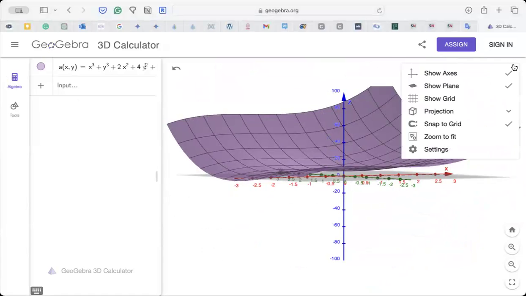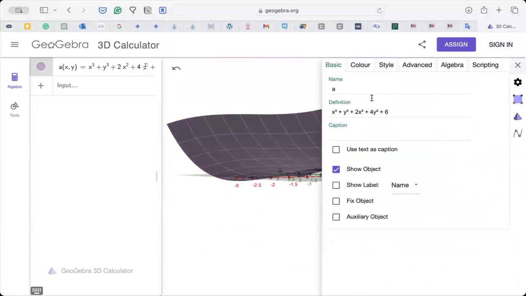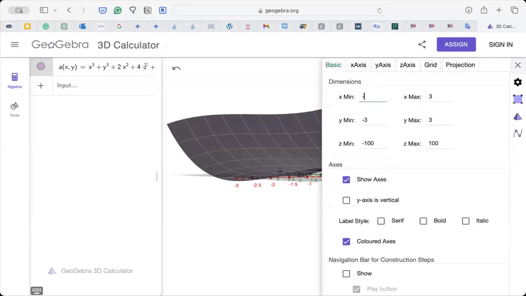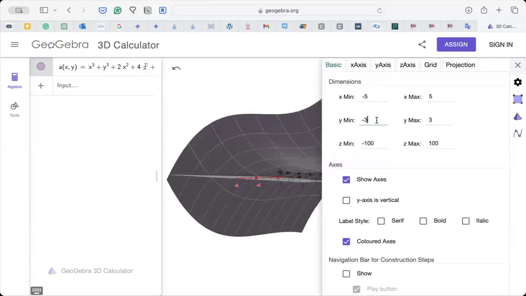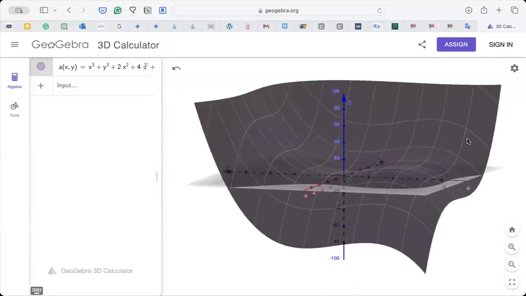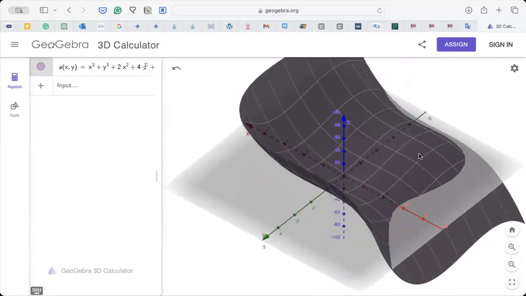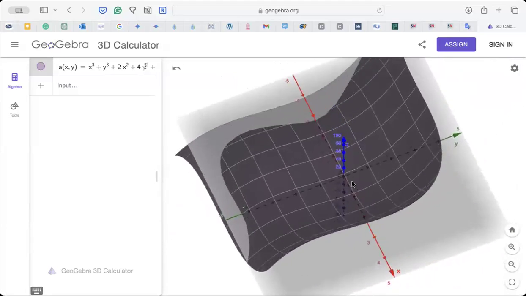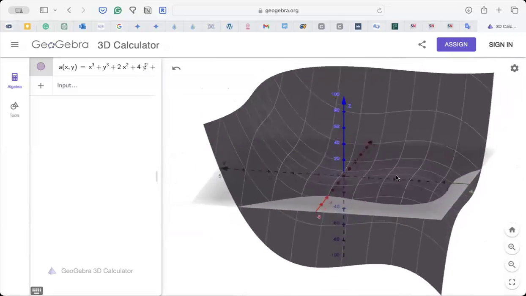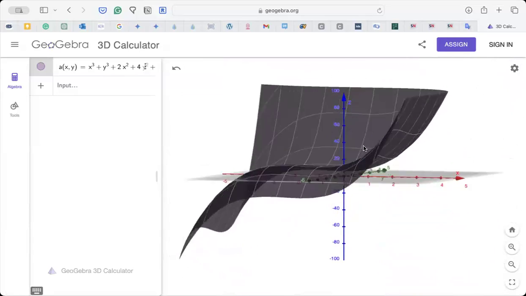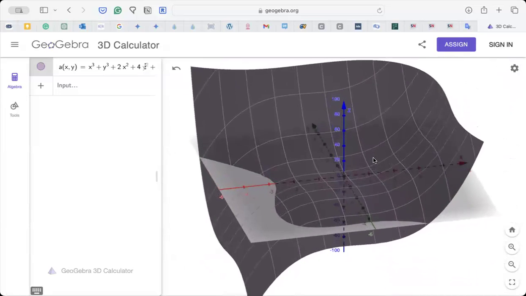Okay, a bit darker. Maybe it's quite difficult to visualize because there's not much difference.